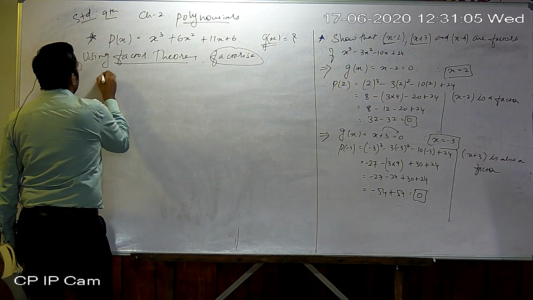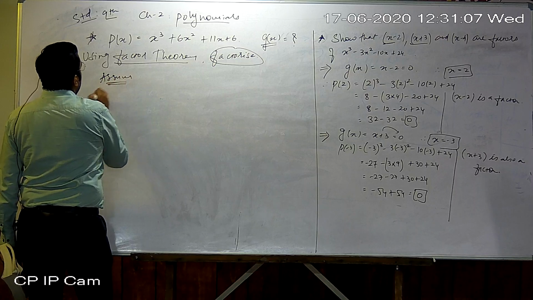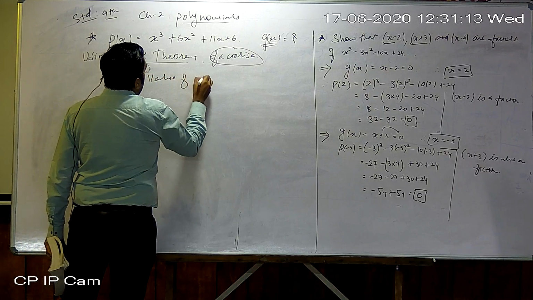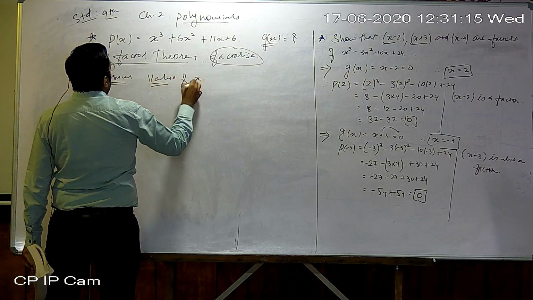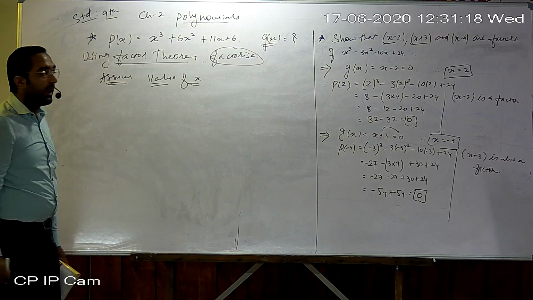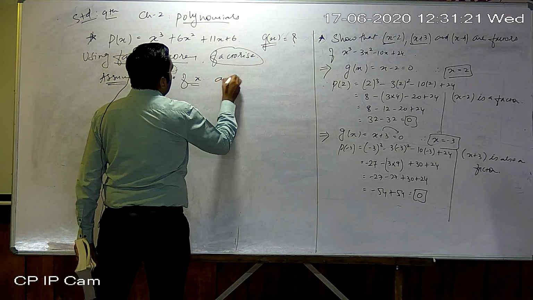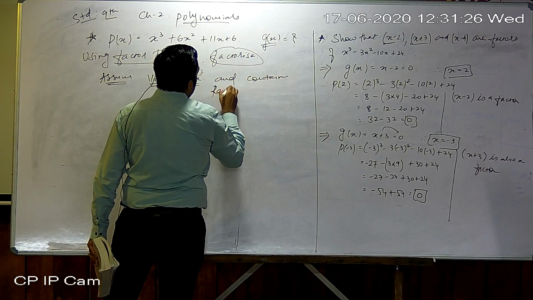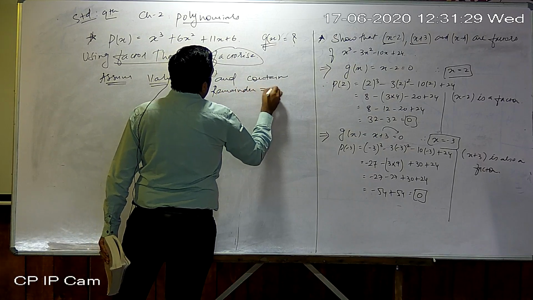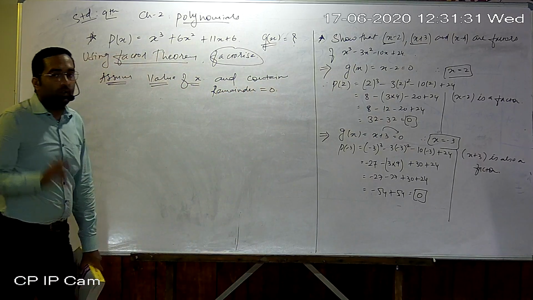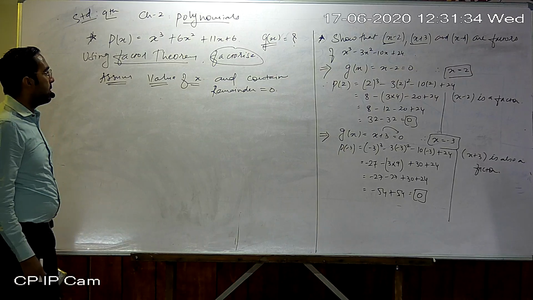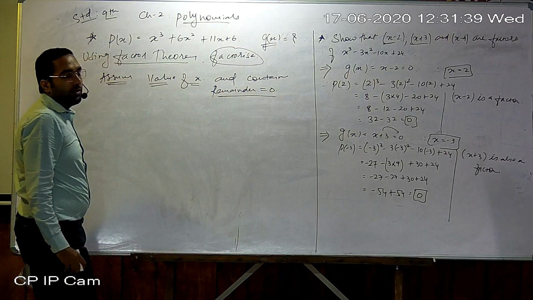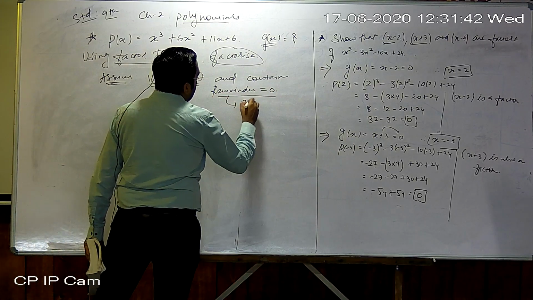We have to assume a value of x that gives a remainder equal to 0. Then in which method do we define remainder equal to 0? In the remainder theorem.